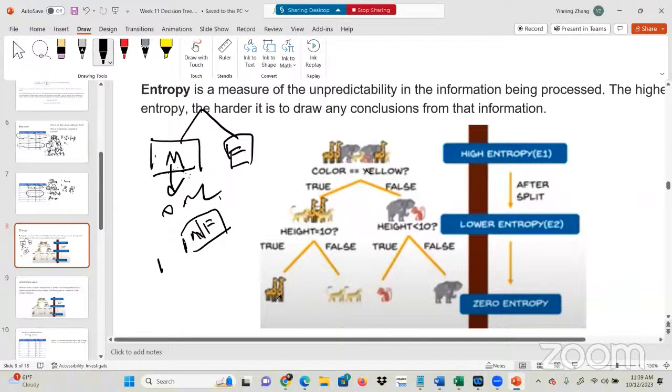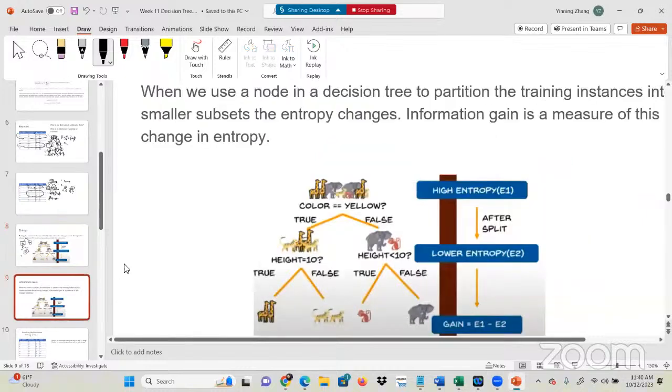Sometimes you cannot reach 0. Not every leaf node of the decision tree is pure. So the goal is the same, but the metric, the equation, is a little bit different.